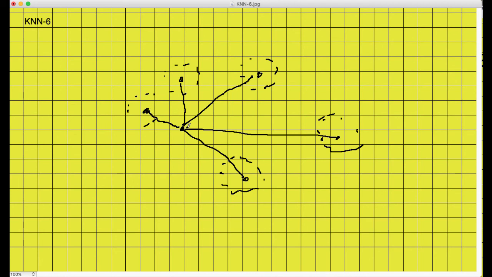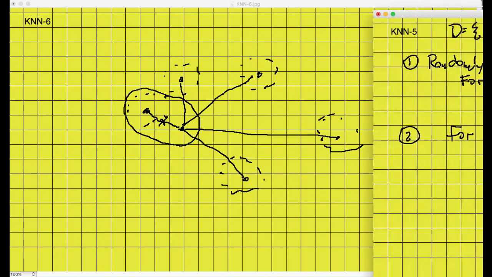I'm going to add this point to this cluster, so this cluster now has two elements in it. Then I'm going to recompute the centroid, which would be someplace over there, and now this cluster looks like this. That's basically the algorithm.